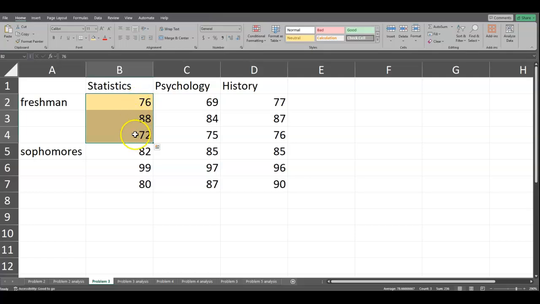These 3 were my freshman group for statistics, and then we have these 3 for psychology for freshmen and these 3 for history. I did have to reorganize my chart to be able to use Excel to run the correct test and get the analysis. So you do need to reorganize that data.